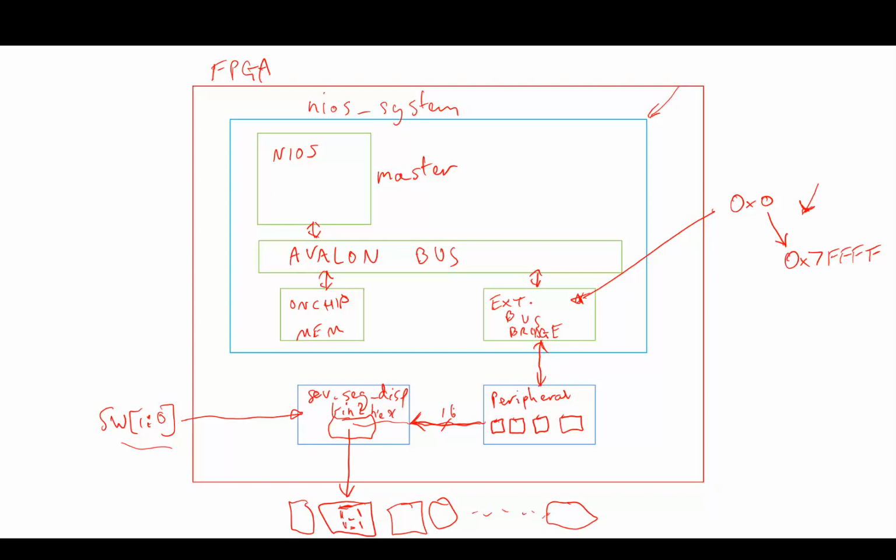To go back to when the NEOS processor wants to access one of these slave registers, let's say it wants to write to it, it needs to do some kind of store operation. So it might do a store byte, and then you'll have some register value and then an address.